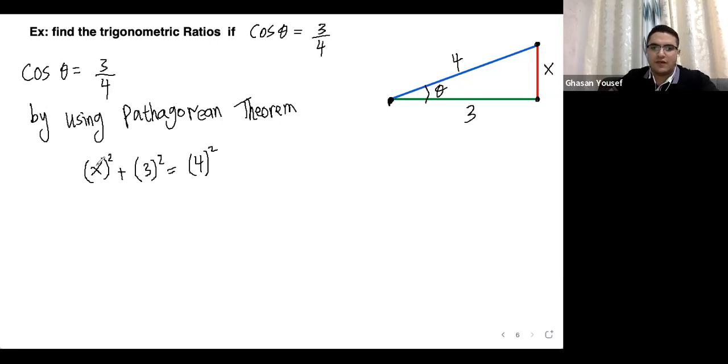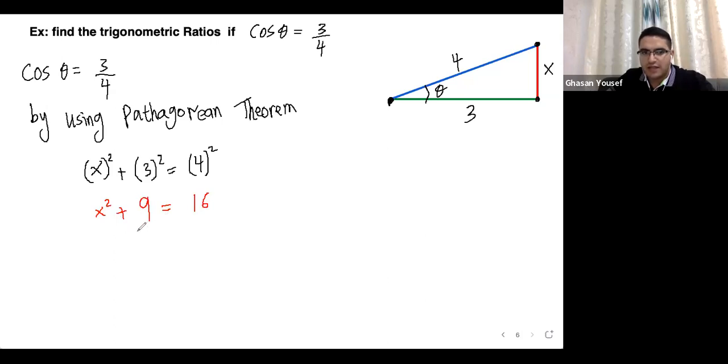Now my goal is to find the value of x. So x squared plus 3 squared, what is 3 squared? 9. Equals 4 squared, which is 16.